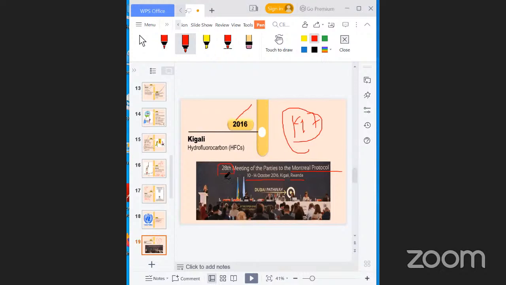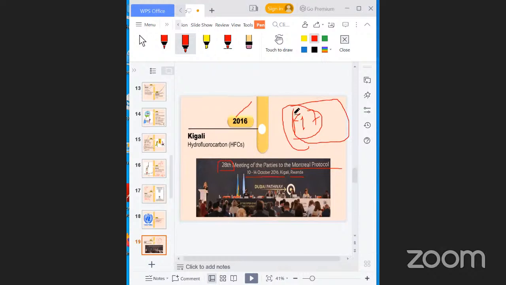As per the agreement, these 197 countries are expected to reduce the manufacture and use of hydrofluorocarbons by roughly how much? 80 to 85% of their respective baselines till the year 2045.